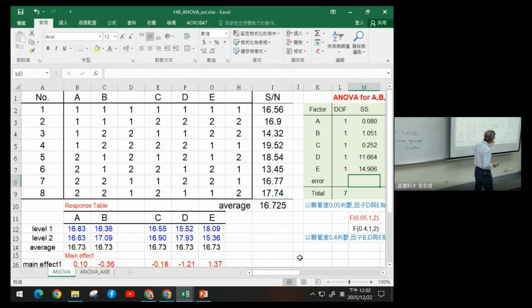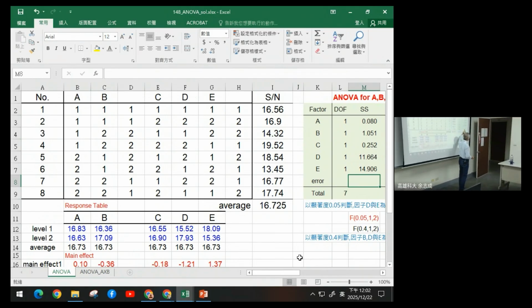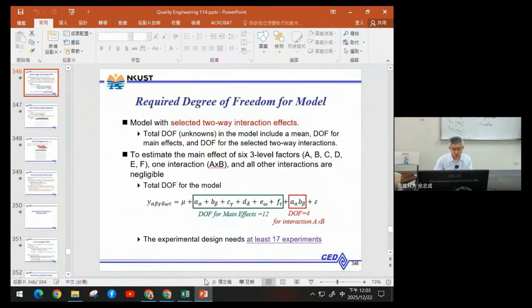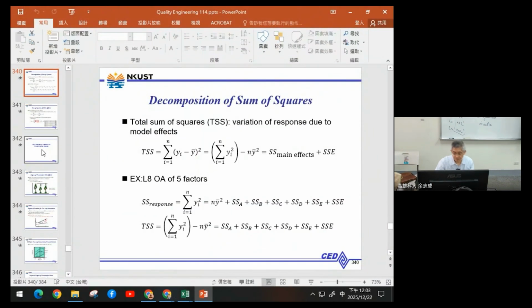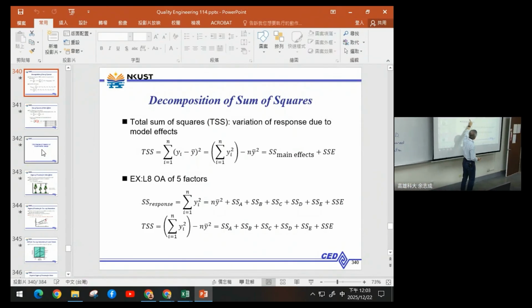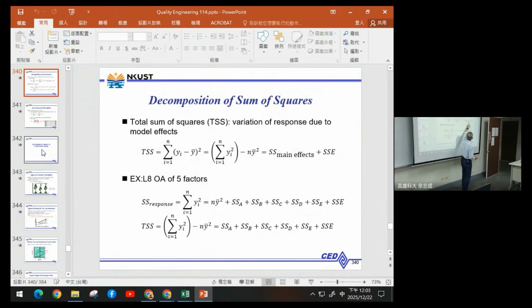Now, you want to calculate what is the total sum of square. Total sum square, let's go back to the PPT. How to calculate the total sum of square? Here, the total sum of square can be decomposed into these two, but the calculation can be simplified into the summation of all the experimental outputs, sum square for all the experimental outputs, minus the total number of experiments multiplied by the average square.